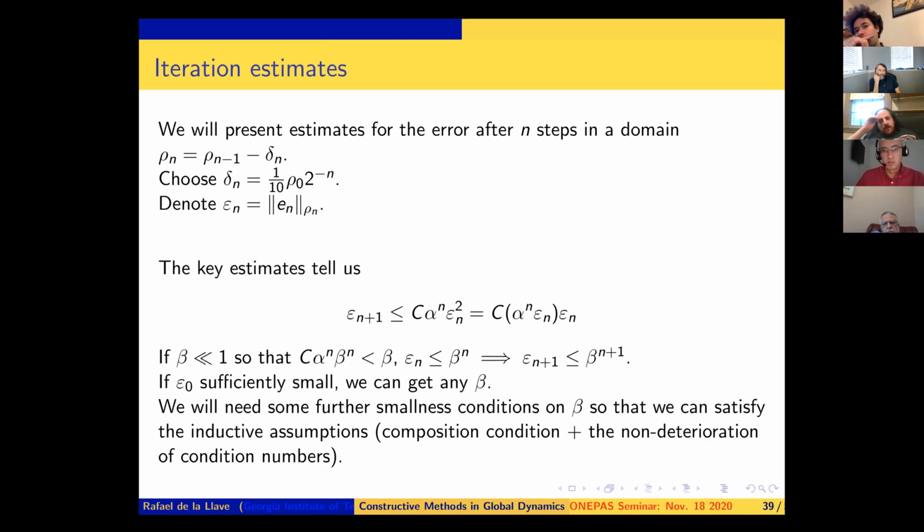So these are the quadratic estimates, and then I want to do something which is really very wasteful, but allows me to get done very quickly. Think of this as a contraction. If beta is very small, so that all of this is smaller than beta, I can prove these things.